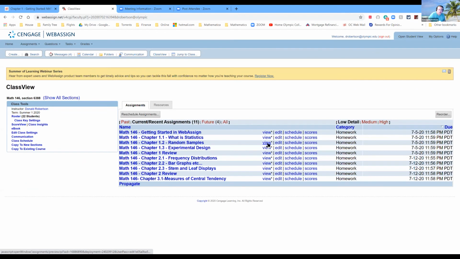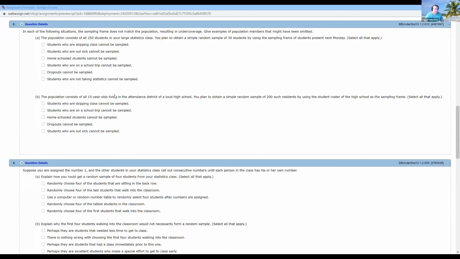1.2, click on it. Question 2, parts A and B. Okay, I've got it in front of me. I'm going to go out and back in, and you should be able to see it. Yes, so I selected all of the check boxes, but I just wanted to double check.